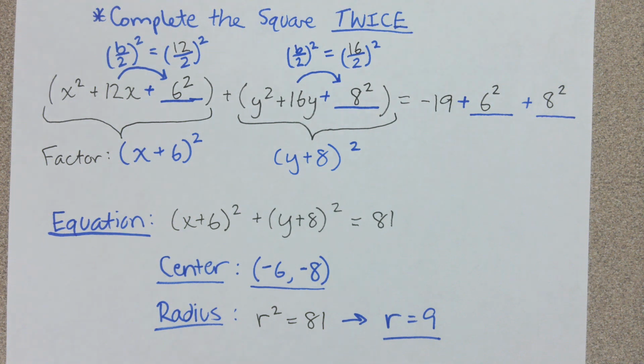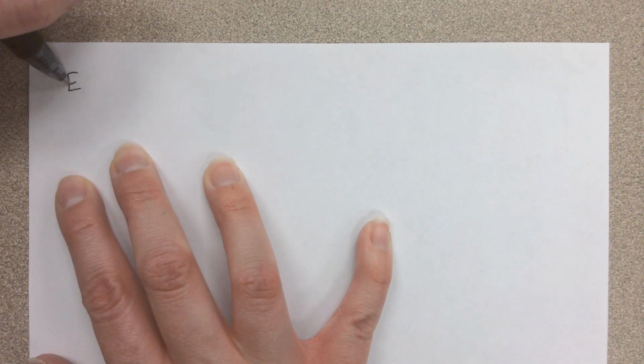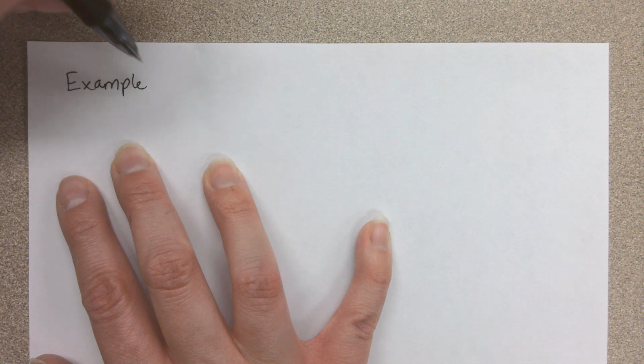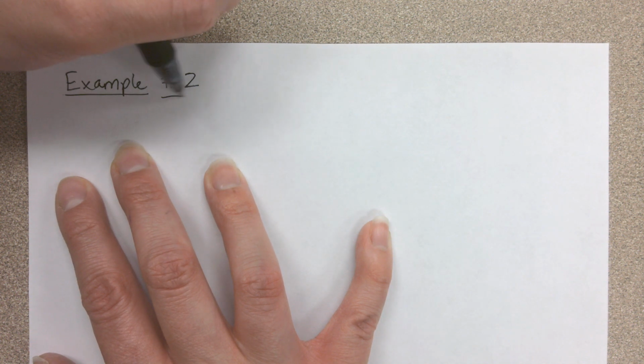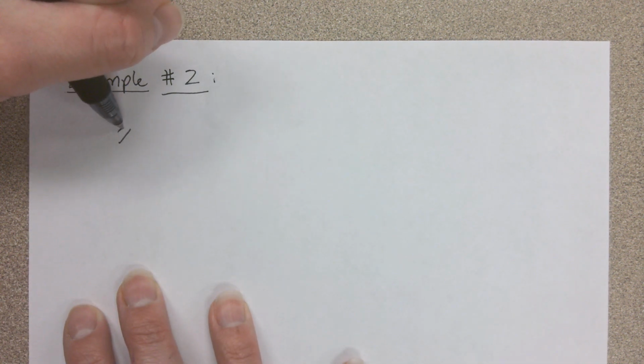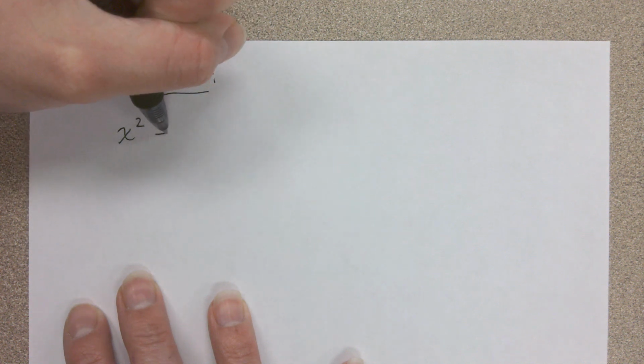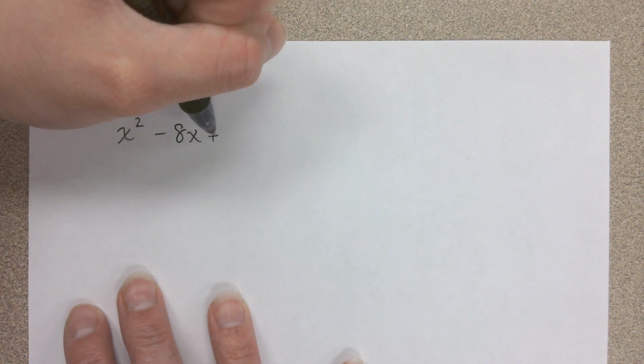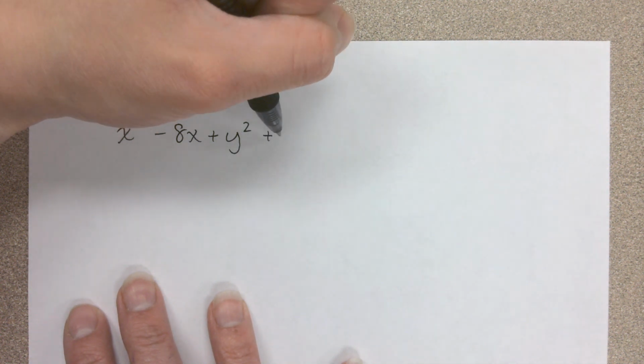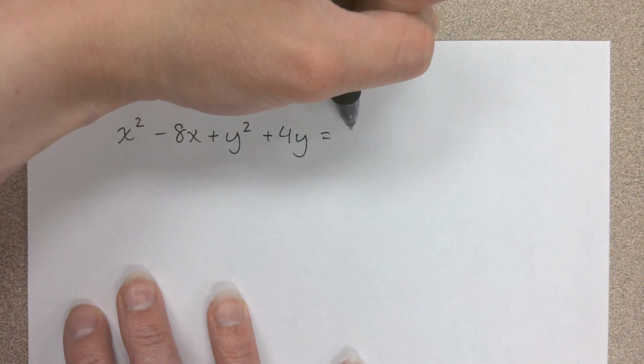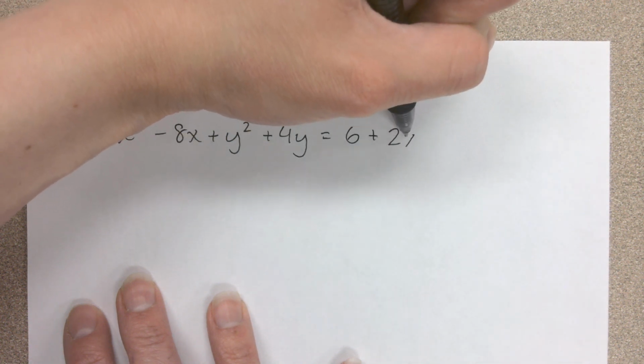I'm going to do one more of those. X squared minus 8x plus y squared plus 4y equals 6 plus 2x.